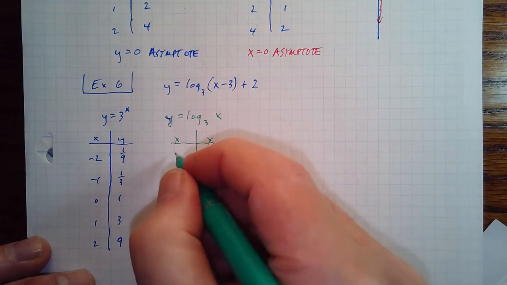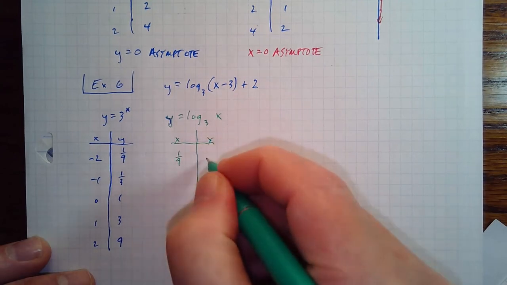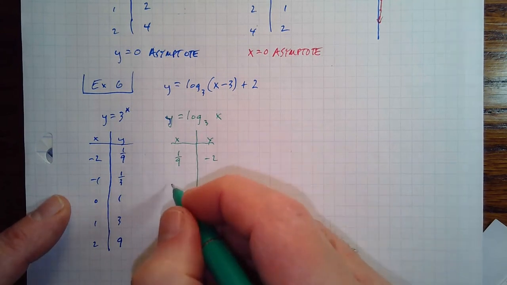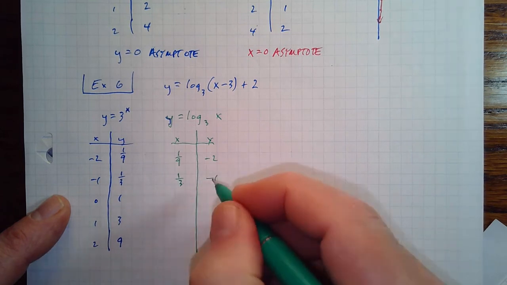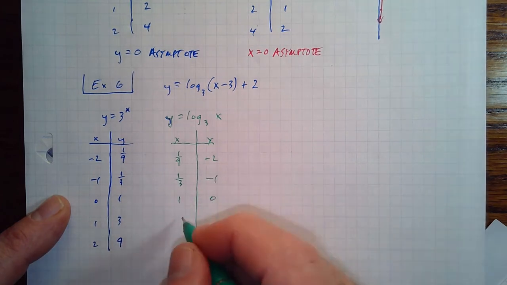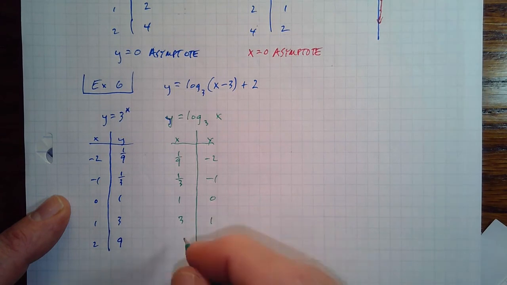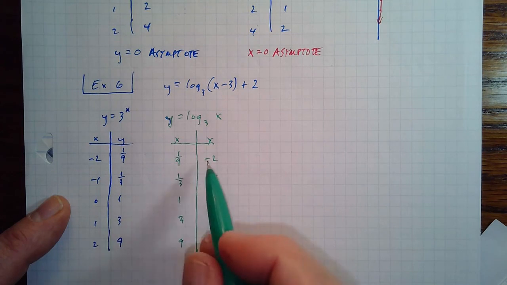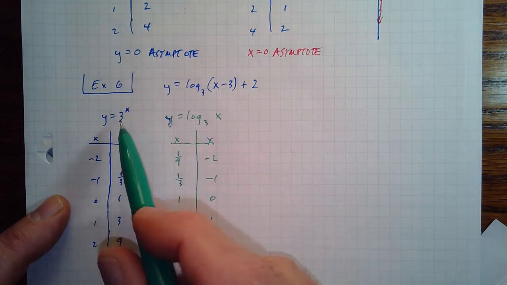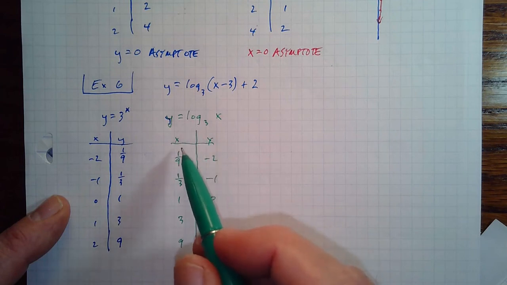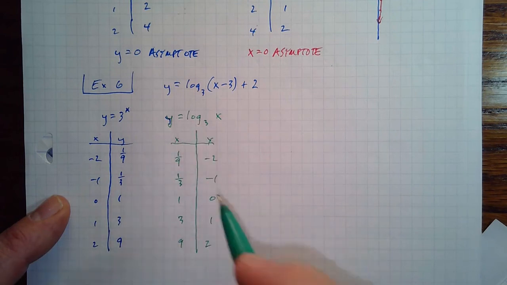So now, when the x is 1/9, I get a -2. When the x is 1/3, I get a -1. 1 gives me a 0, 3 gives me a 1, and 9 gives me a 2. So all I did was switch the x and y's. So what was the y in the original exponential function now is the x in the logarithmic function.